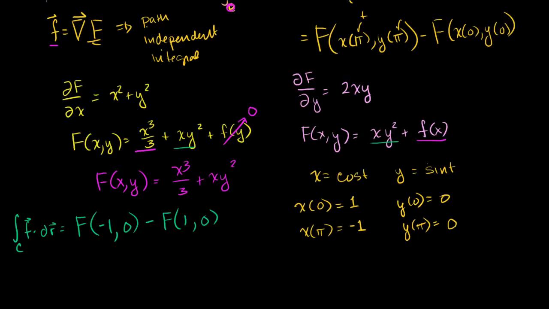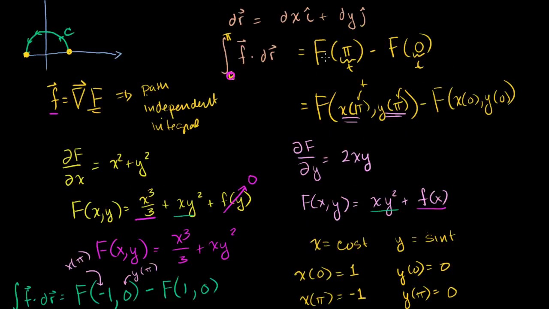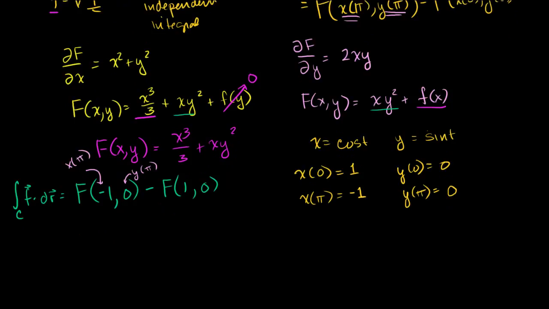And just remember, this right here is the same thing as that right there. That is x of pi. That is y of pi. You can imagine this whole f of minus 1, 0 is the same thing as f of pi if you think in terms of just t. That could be a little confusing, so I want to make that clear.